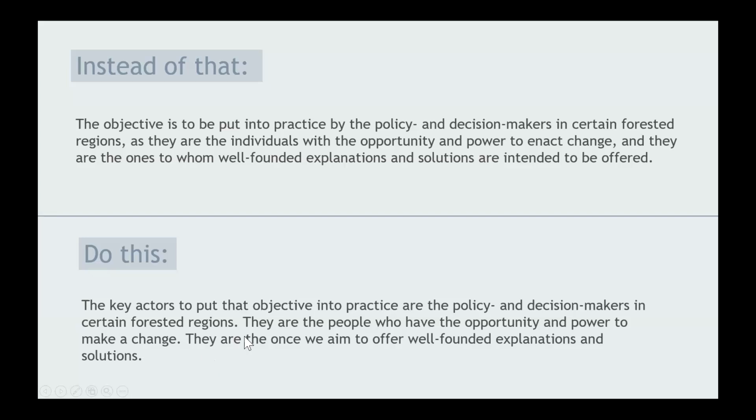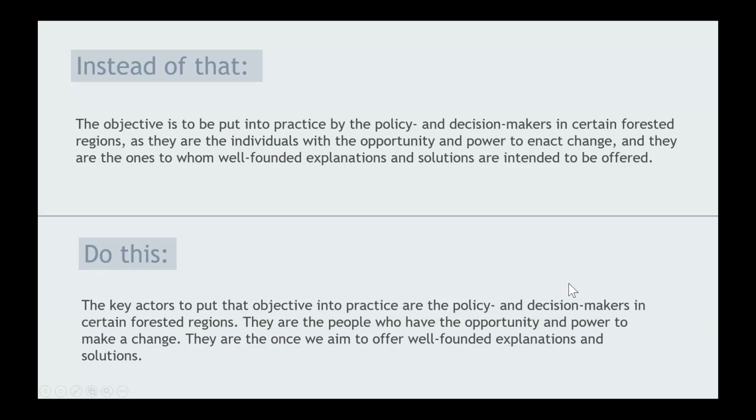At the same time, this sentence shows that we, meaning we as a project, the Healthy Forest Regions project I took that example from, are the ones who aim to offer solutions. So on one hand, you have the policy and decision makers who need to do something, and on the other hand, we are showing our face and saying we as a project want to achieve this or that.